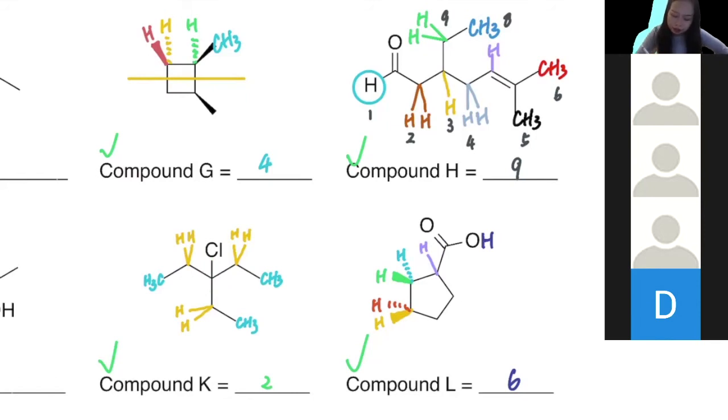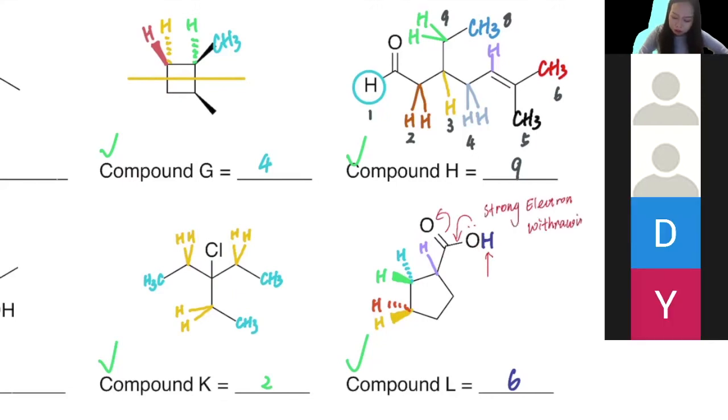So here, this hydrogen is the most deshielded hydrogen because oxygen is very electronegative, but also not only because of that, the resonance here. I'm going to draw the resonance. The resonance is going to form a strong electron withdrawing group, because of both resonance and induction.